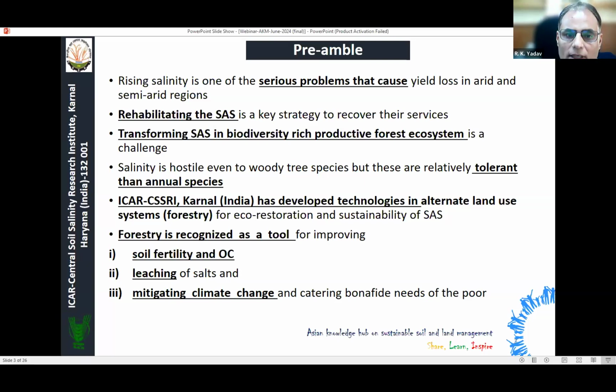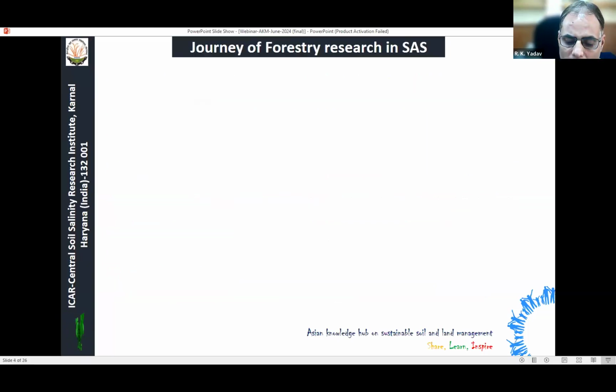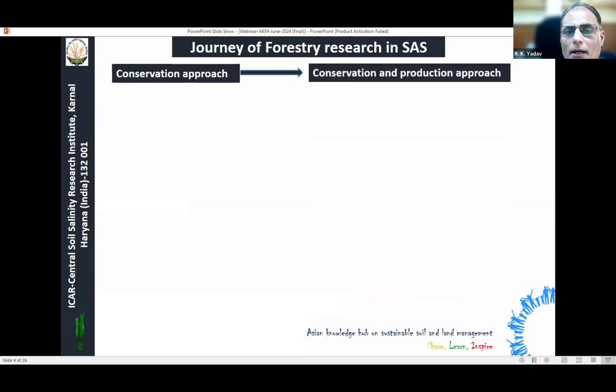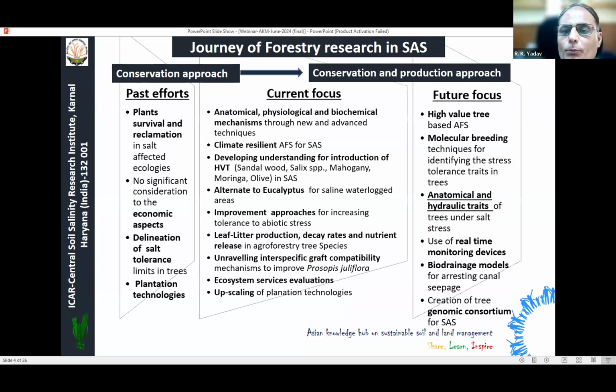With the passage of time, the institute started with forestry operations with conservation approaches, and then converted the conservation approaches to production approaches, as we all have products from these poor salt-affected soils.